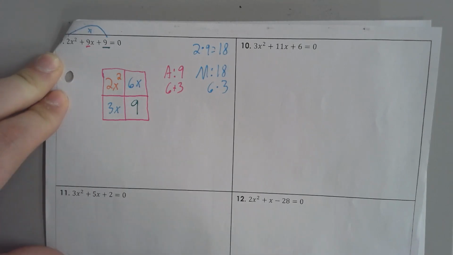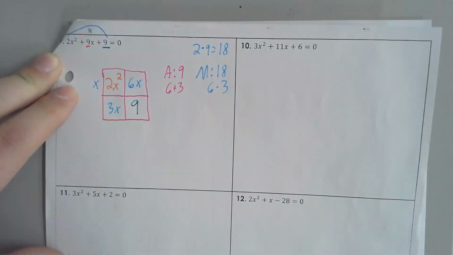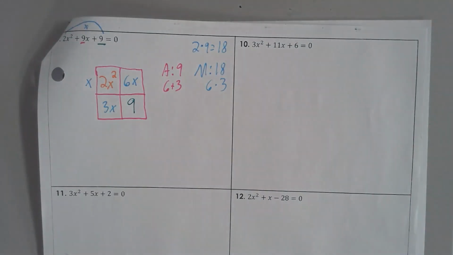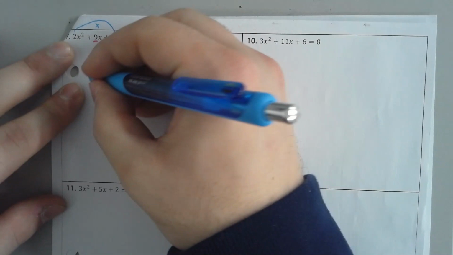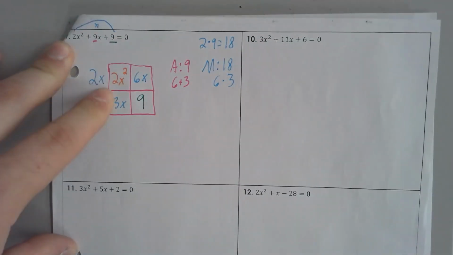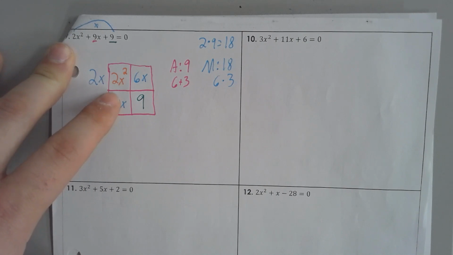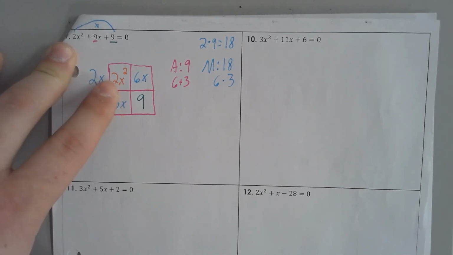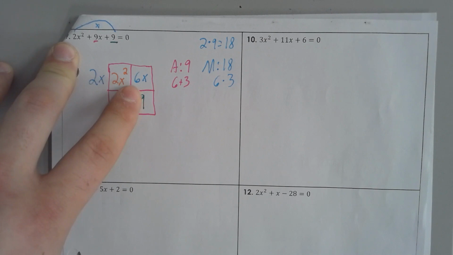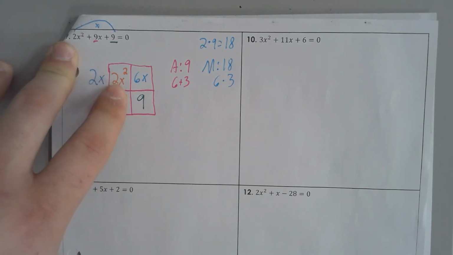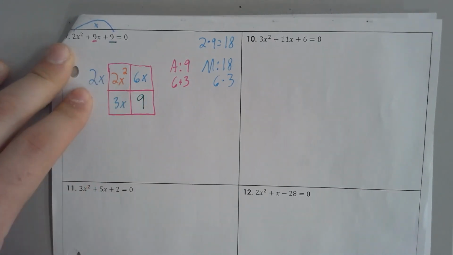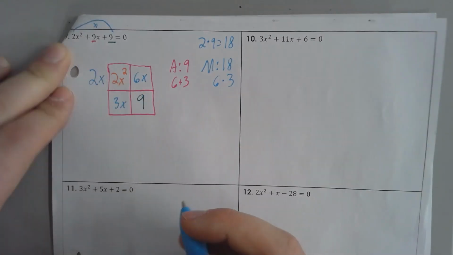So we can pull out 1X. What about 2 and 6? You can pull out a 2. 2 times 3 is 6, but all you're doing here is finding a number that can go into both numbers. 3 can't go into 2. 2 goes into 2, and 2 also goes into 6.